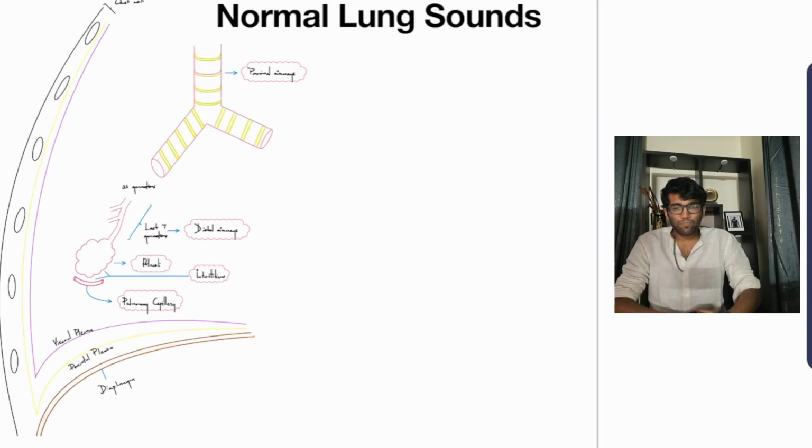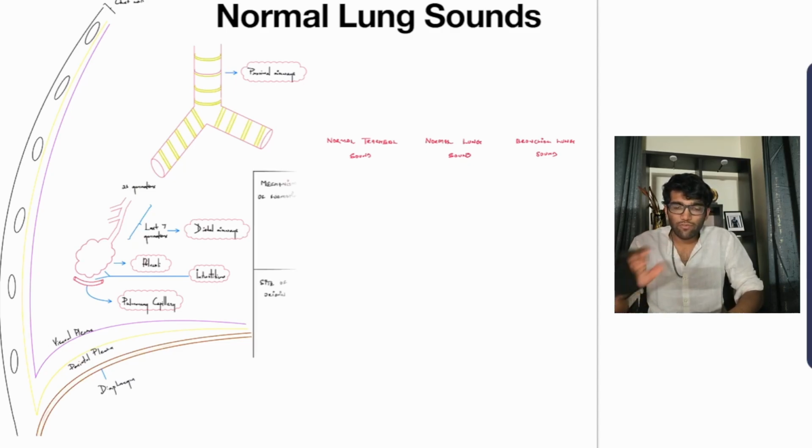And so basically, where are the normal lung sounds produced from? So there are three normal lung sounds. The normal tracheal sound is obviously produced from the larynx. From the larynx, it dissipates in all directions, but because of the anatomy of the respiratory tract, a large portion of that sound is conducted into the air within the lung. Now if you put a stethoscope directly over it, what will you find?